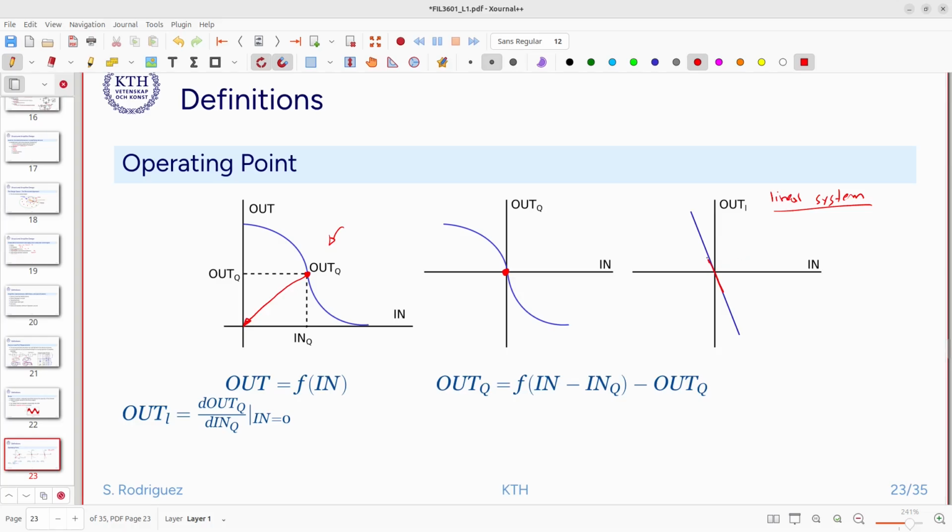So the linearization of the circuits will allow us to run, for instance, an AC simulation. We cannot run an AC simulation here; we need to use it in a linear system. It will allow us to extract the poles and zeros. It will allow us to run small signal noise. So this step is important. We will see an example very soon.